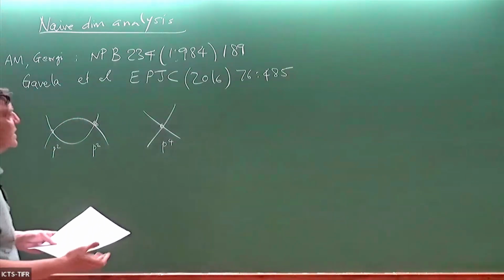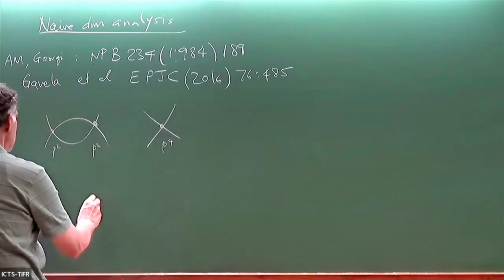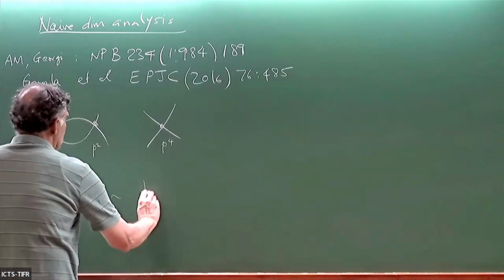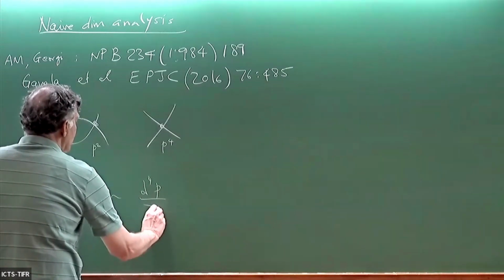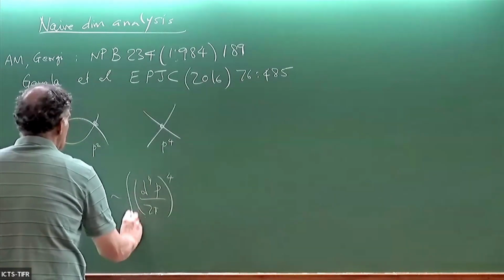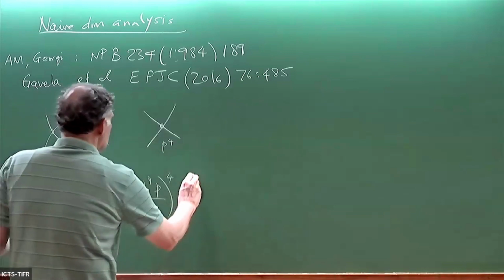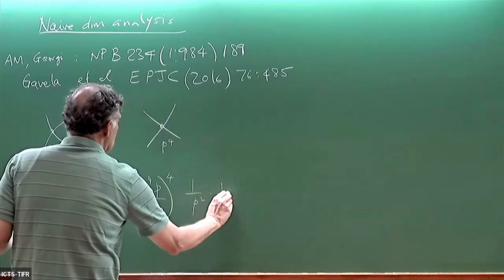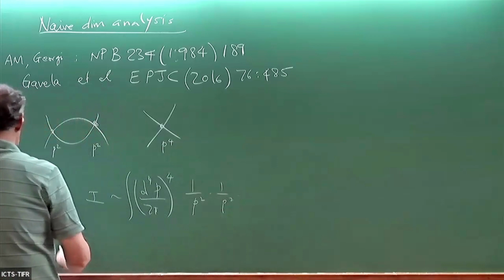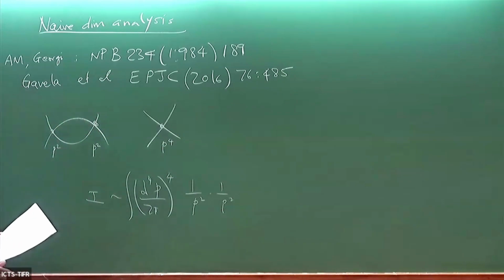So if I now look at what this integral is, it's d4p over 2 pi to the fourth. It has two propagators. And it has two order p squared vertices, but if you remember, they came from D mu sigma dagger D mu sigma trace, f squared over 4.